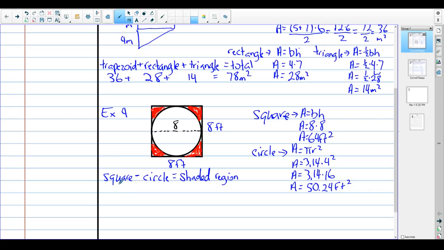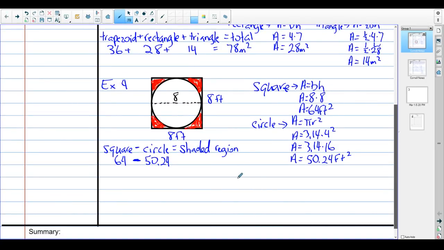I just want to know the difference between 64 and 50.24. And the mistake some of you will make is subtracting this wrong. So let's practice subtracting. 64 is on top, 50.24 is underneath it, because we have to line up our decimals. If it's a whole number, there's a decimal at the end of it. So we need to fill in zeros.